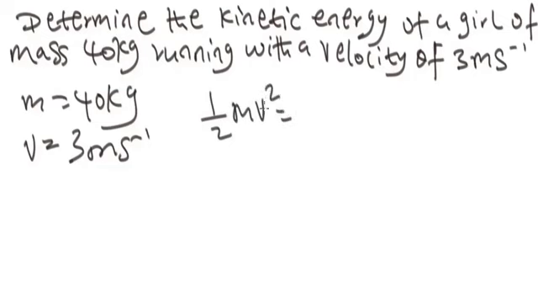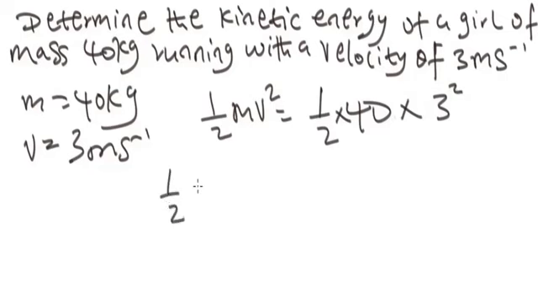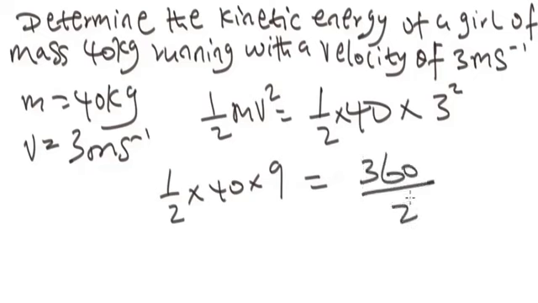So when you input the values, you're going to have half times 40 times 3 square, which is 9. Alright, so when you simplify this more, you're going to have 360 divided by 2, which gives 180 joules. So the unit of energy is joules.